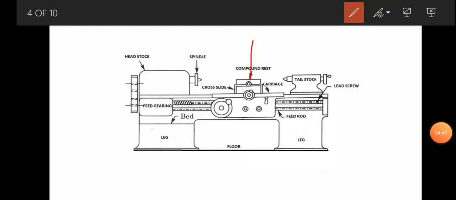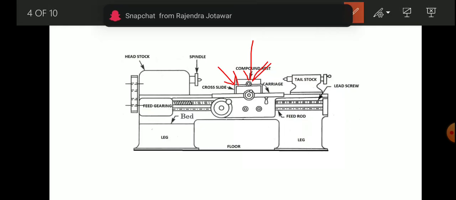Now let us see what is compound rest. A compound rest is used to hold the tool and traverse movement of the carriage. Then we have a cross slide. Cross slide carries the tool or compound rest. It can be moved by using a hand wheel.